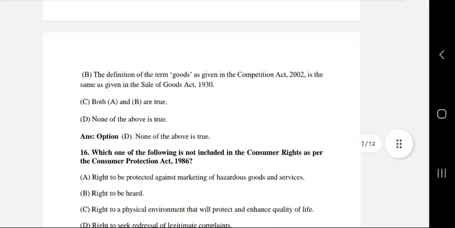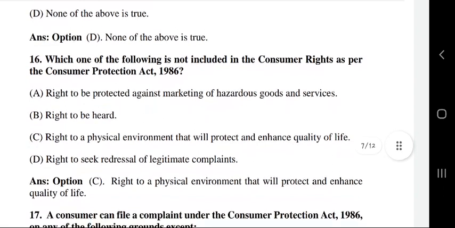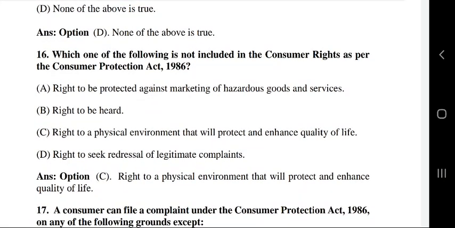Then question number 16, which one of the following is not included in the consumer rights as per the Consumer Protection Act 1986? Options are right to be protected against marketing of hazardous goods and services, right to be heard, option C, right to a physical environment that will protect and enhance quality of life, and option D, right to seek redressal of legitimate complaints.